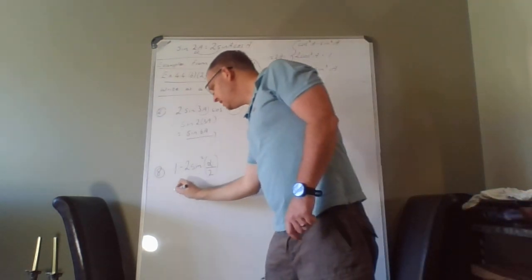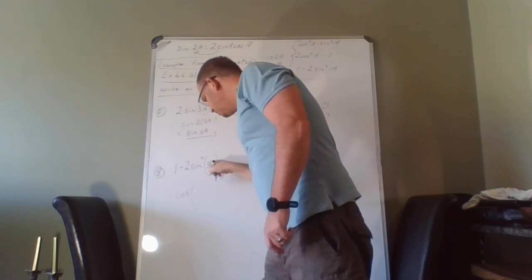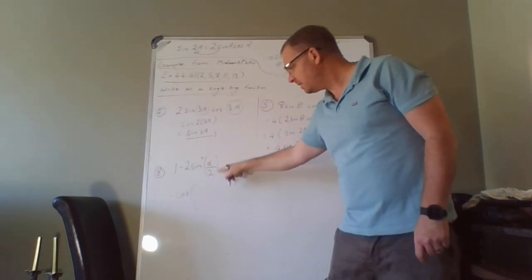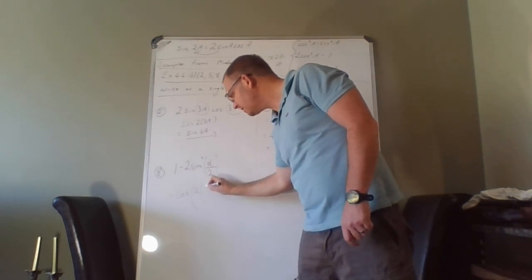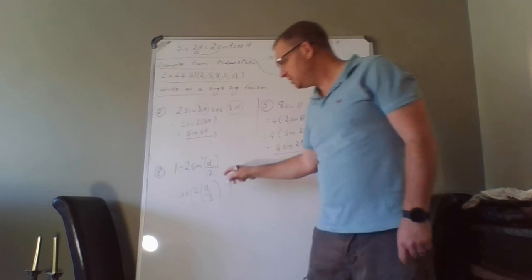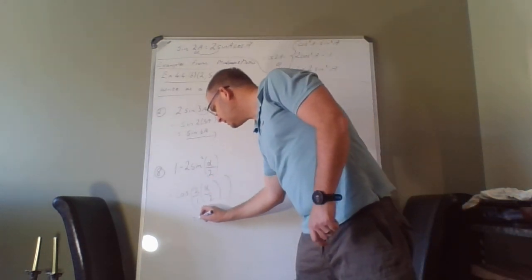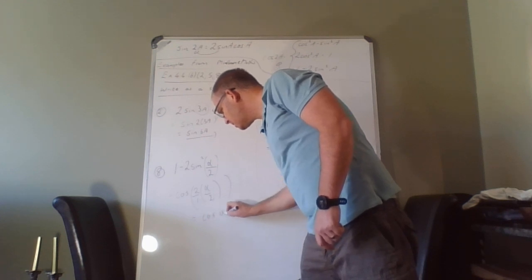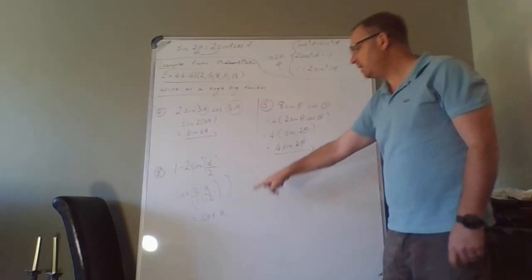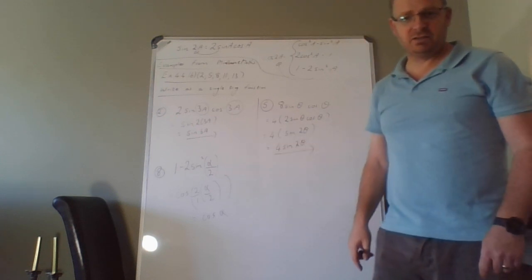So this is going to be cos of 2 times this alpha over 2. Okay, and 2 times alpha over 2 is 2 over 1 times alpha over 2. The 2's cancel, and you're simply left with cos of alpha. Cos of alpha is 1 minus 2 sine squared half of that angle, alpha over 2.